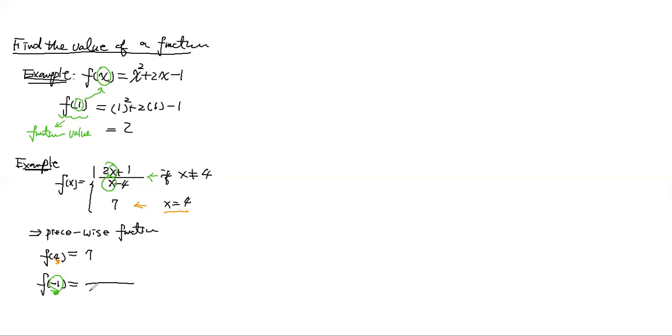So that's why I have negative 1 minus 4 to the negative 1 plus 1 here, okay? And now this is negative 5, and this is negative 1, so that gives me 1/5, okay?